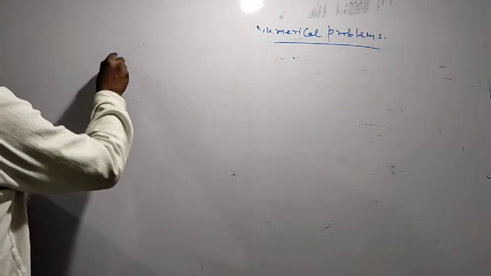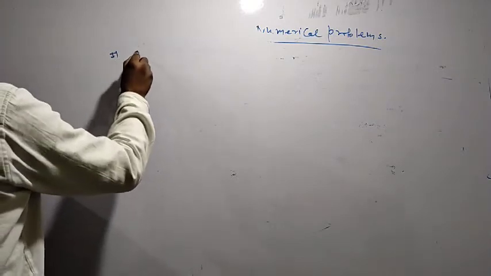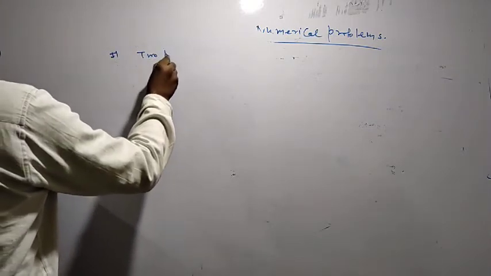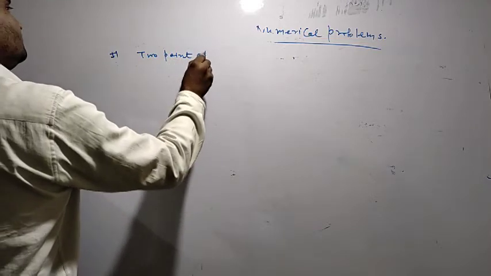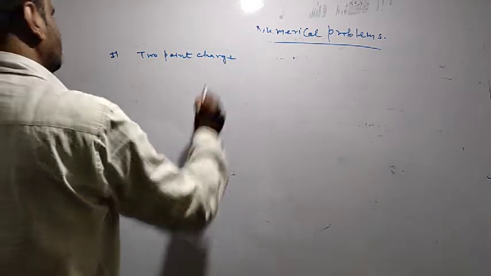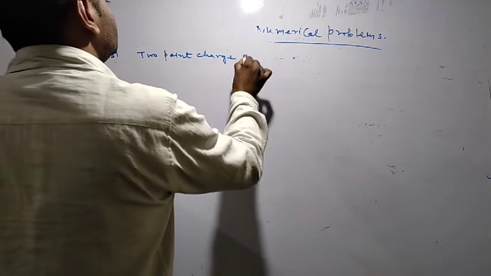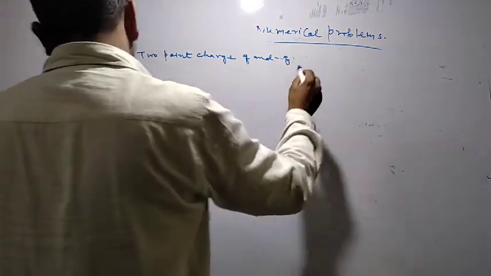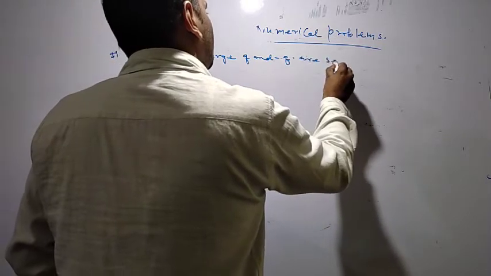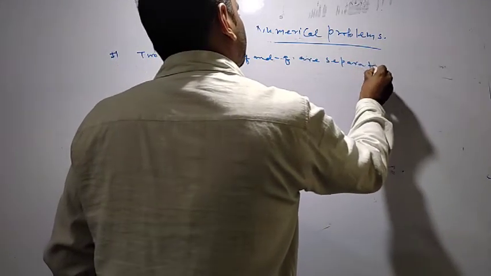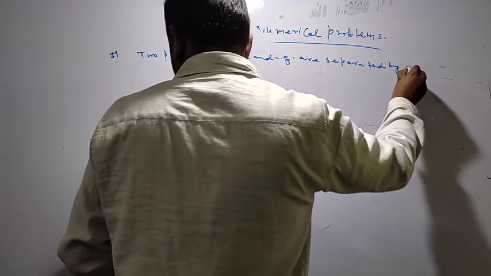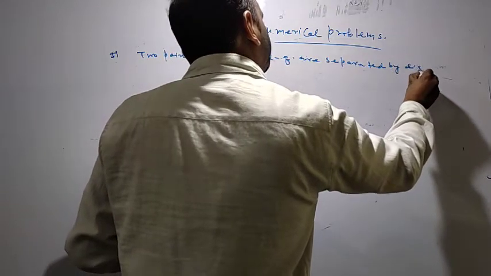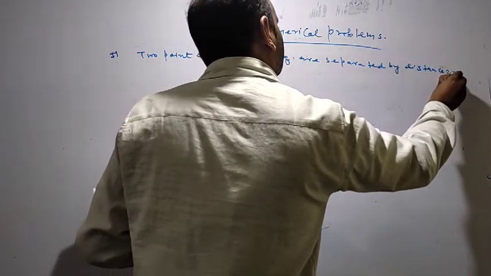Now, one more question. Two point charges Q and minus Q are separated by distance 2L.